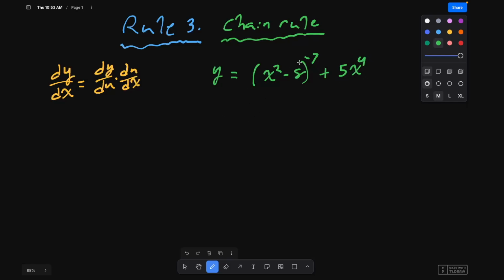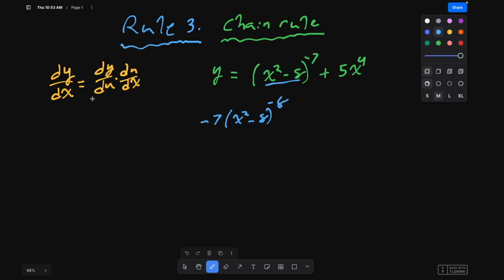So we would start with taking the derivative of our first term, the derivative of x squared minus 8 to the negative 7. Using our chain rule, we know that we take the derivative of the outside function and leave our inside function alone. So if we just think of our inside bit as u, we would bring down the negative 7 and then times our u, because it's the power rule, and then subtract 1 from our exponent to get negative 8.